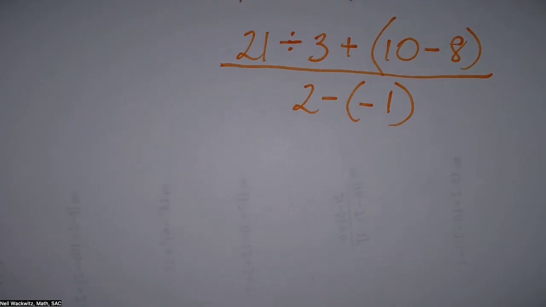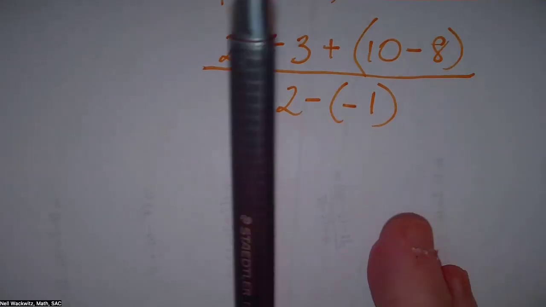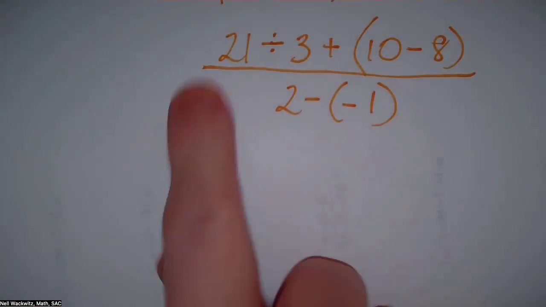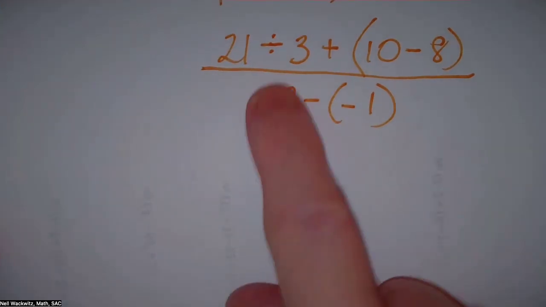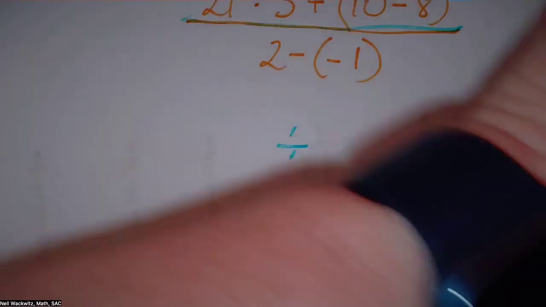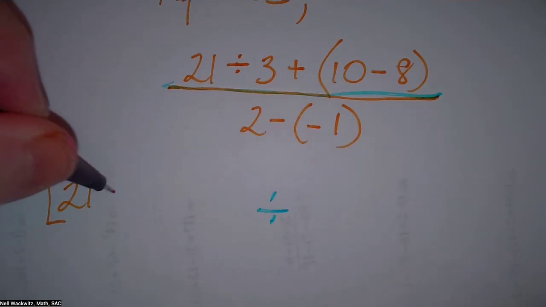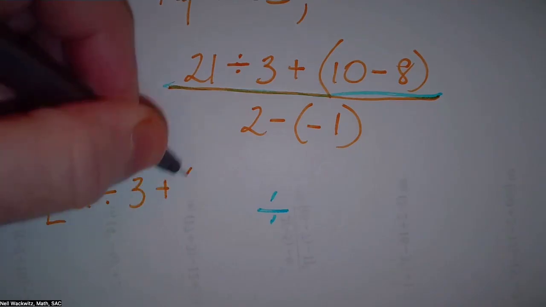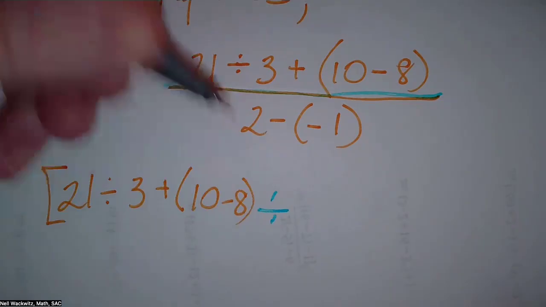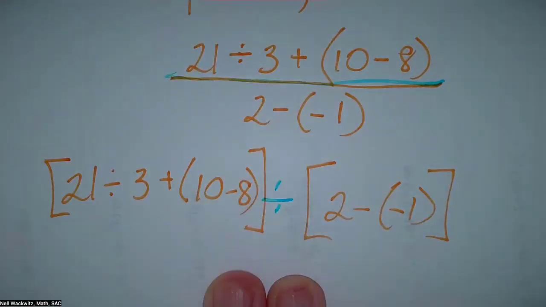What operation do we do first? The grouping. 10 minus 8. So what is it called? Grouping. We're going to do grouping first. And what we didn't say explicitly last time, but I would like to say explicitly now, is if we've got a situation like this with a division bar in the middle, then that is the same as (21 divided by 3 plus 10 minus 8) divided by (2 minus negative 1).